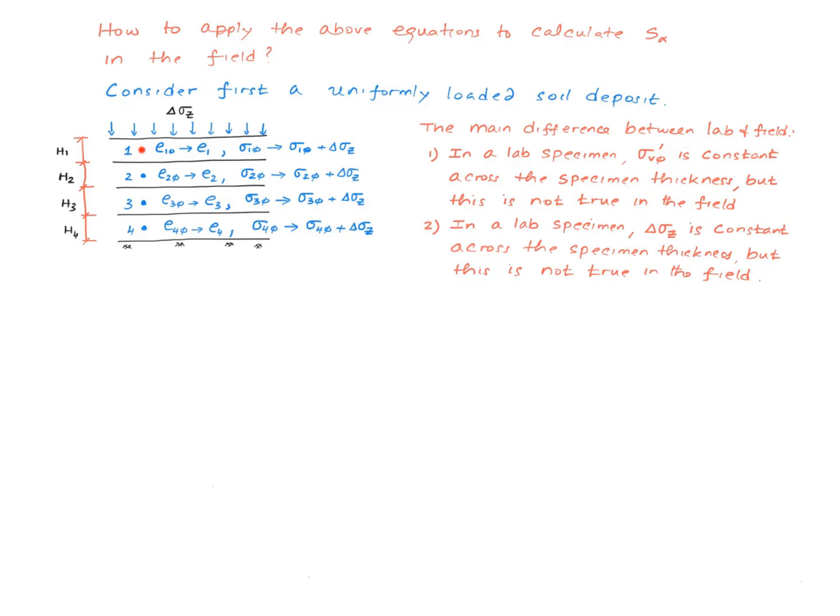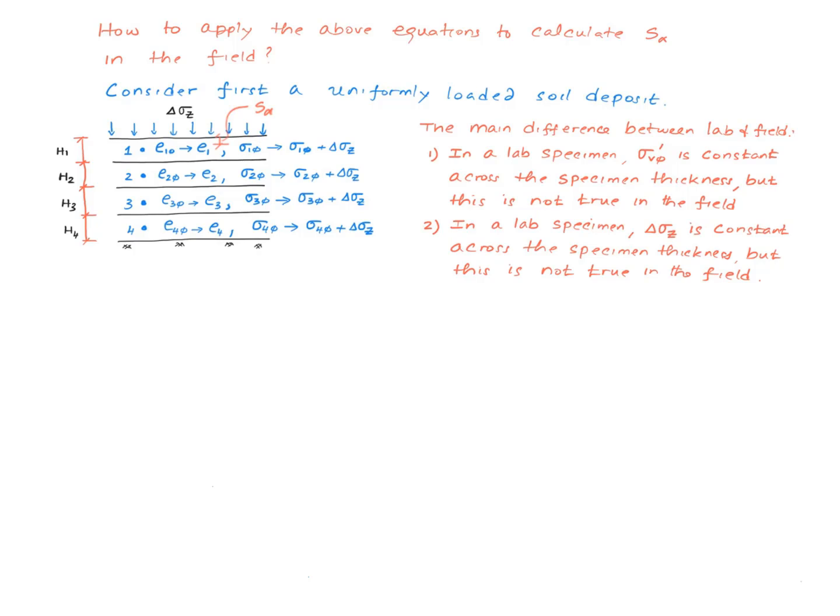So I'll pick the midpoints of these layers and calculate the initial vertical stress at these points and assume that these initial vertical stresses represent the entire thickness of the layers. So for layer number 1, the vertical stress goes from sigma 1 0 to sigma 1 0 plus delta sigma z, and the void ratio then decreases from e1 0 to e1, and so on.